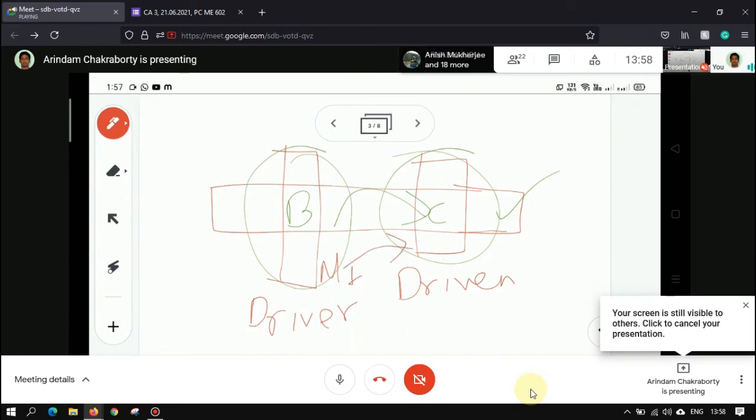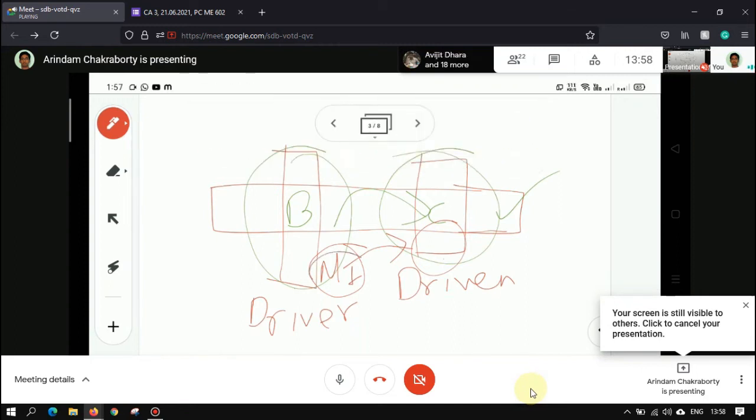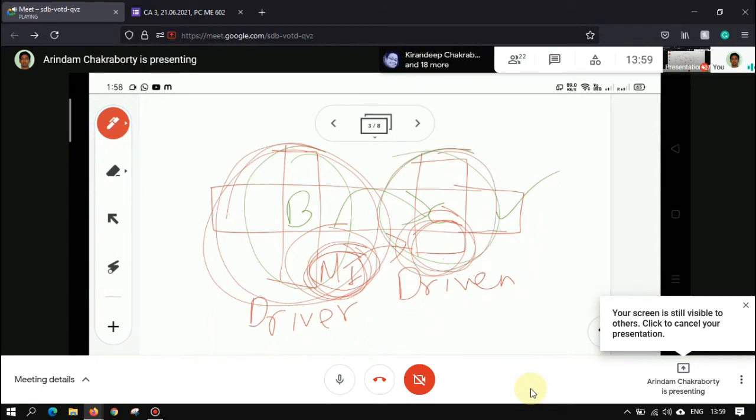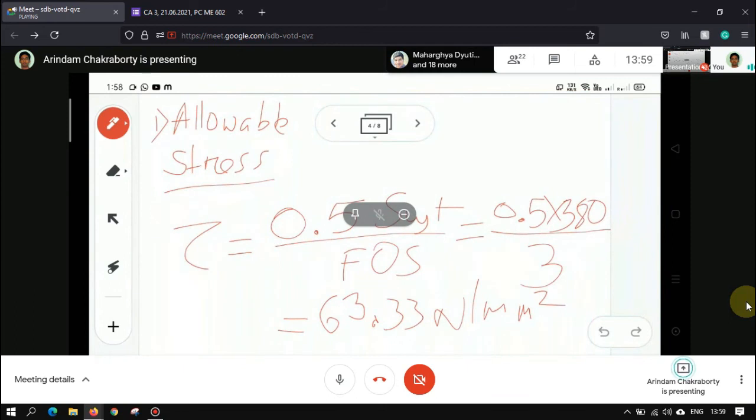That means the torque at B is equal to the torque at C. The torque at pulley B is exactly the same as at pulley C. It's assumed, it's not the practical thing. It's not 100% the same, but we assume it here.